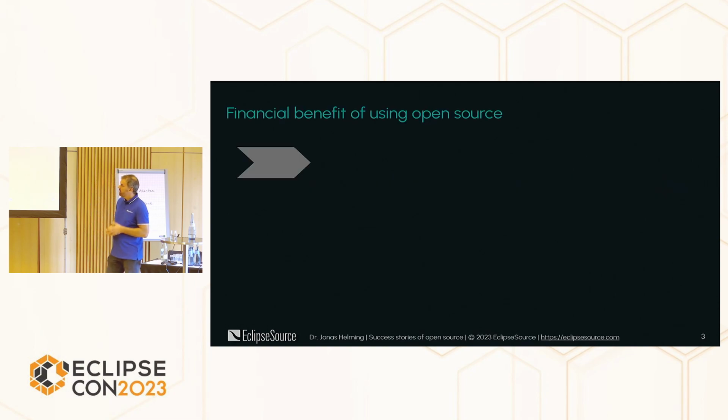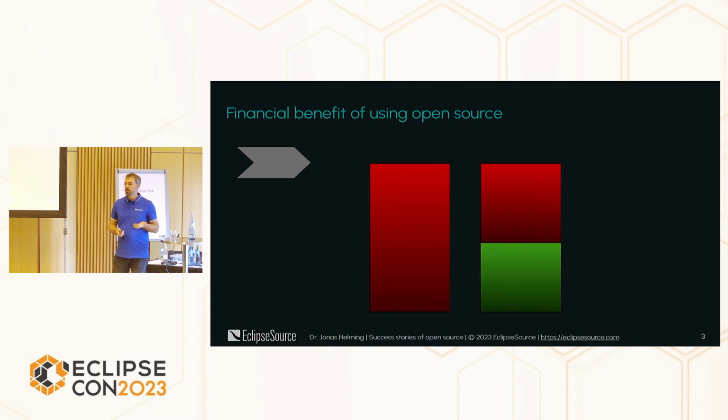If we simplify that a lot, if we want to build something that is this high up the arrow, we can either, in software, build everything ourselves. Then everything belongs to us. We don't have to worry about any license, but we have to pay for all the development. The idea of open source is very simple.